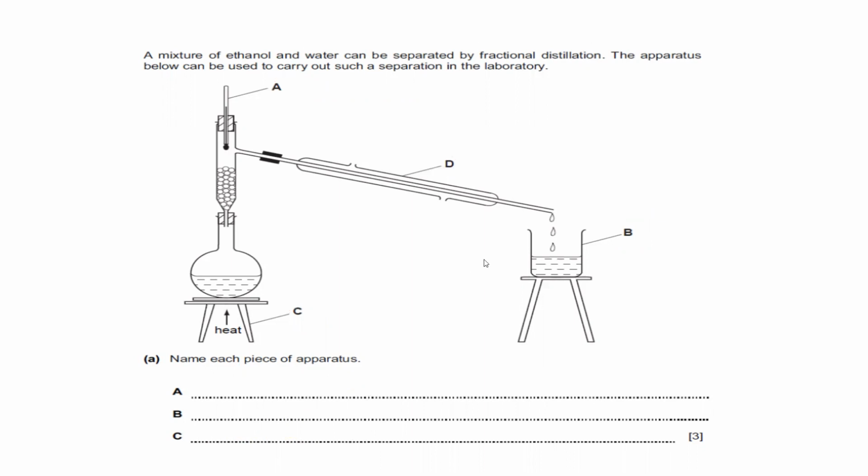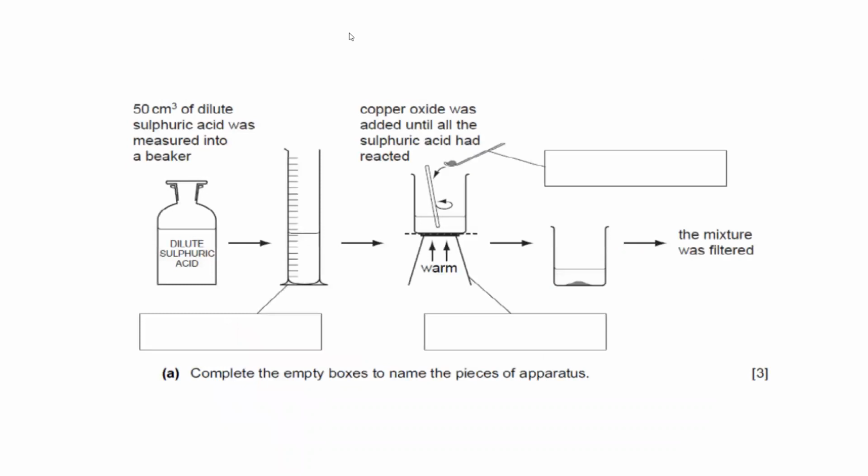More examples. What is the apparatus in box 1? Name the apparatus in box 1. Measuring cylinder, good. What about the apparatus in box 2?